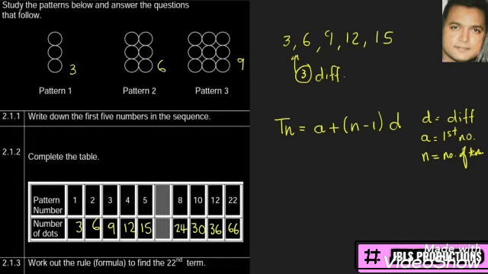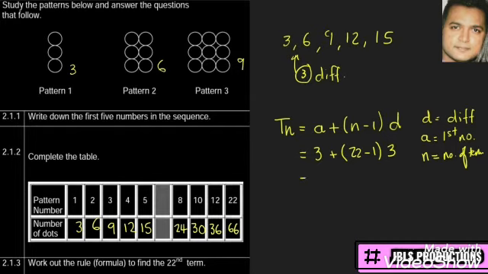So let's substitute. Our first number in our sequence is 3. If you look at it, put that down. Then we have n minus 1. Now n, in our question, tells us the number of the term, which is, work out the rule to find the 22nd term. So we'll say 22 minus 1, and then we get the difference, which is 3.